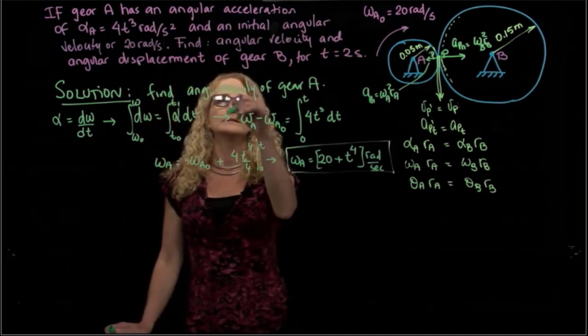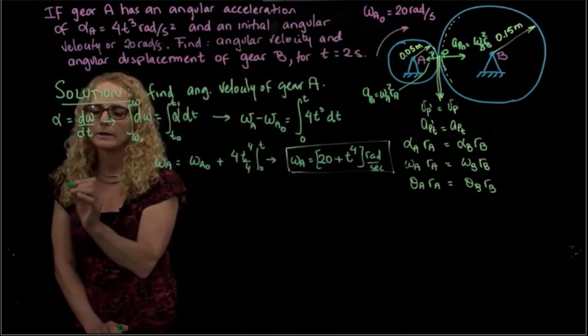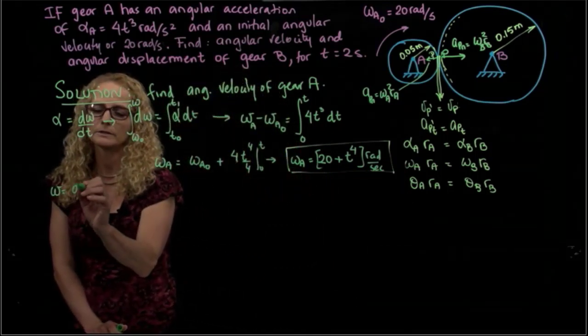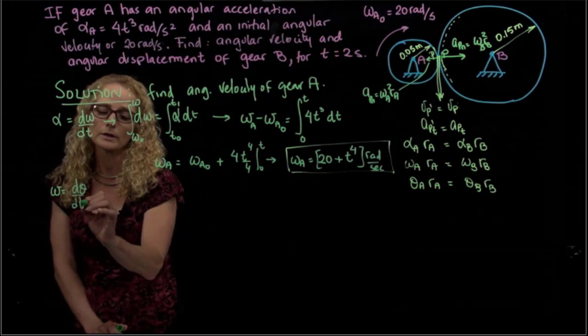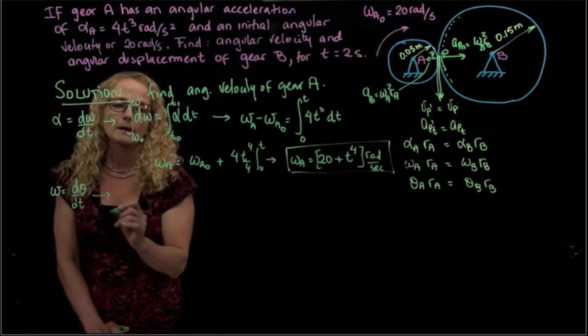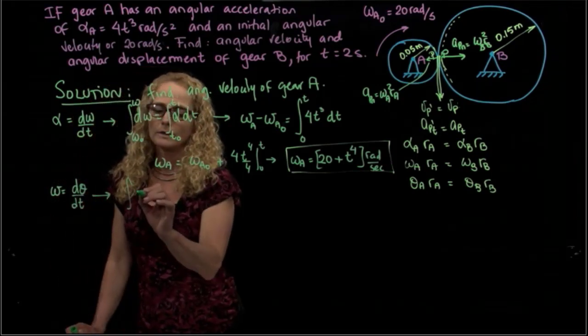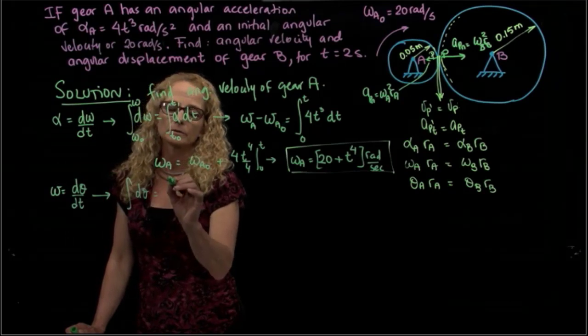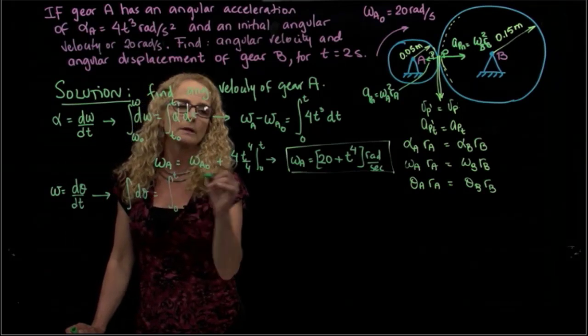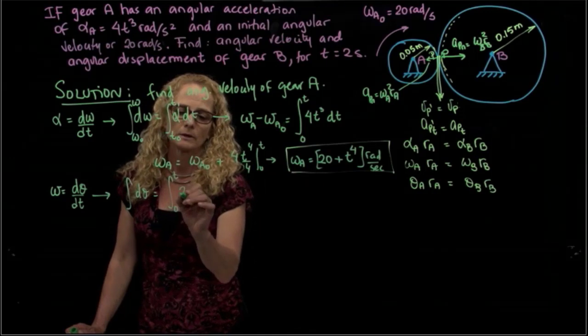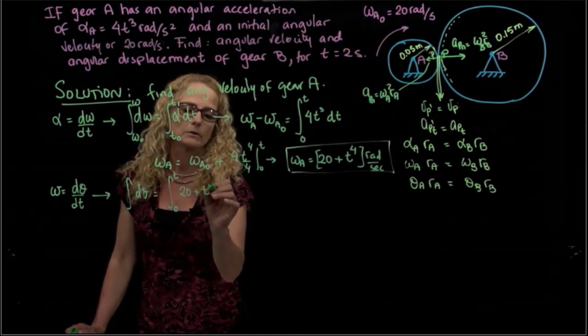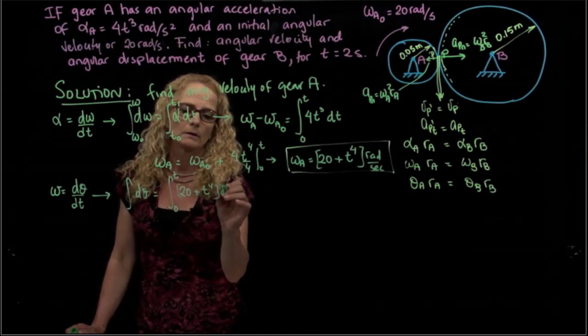I want to find now the displacement. I know that the angular velocity is the derivative of the displacement, so I do exactly the same. The displacement will be equal to the integral between 0 and t of this expression, 20 plus t to the 4th, dt.